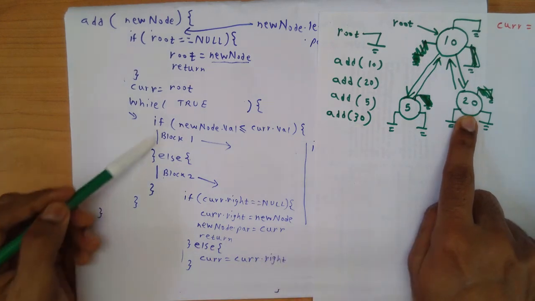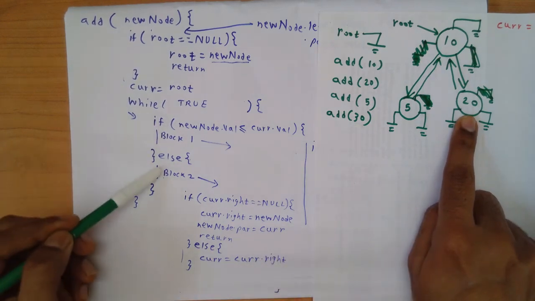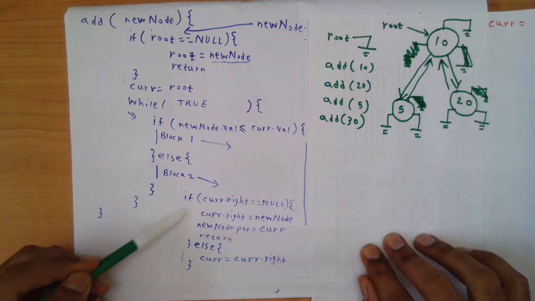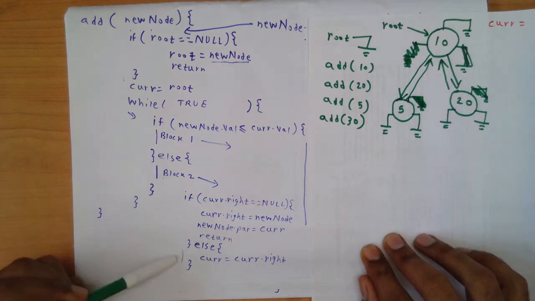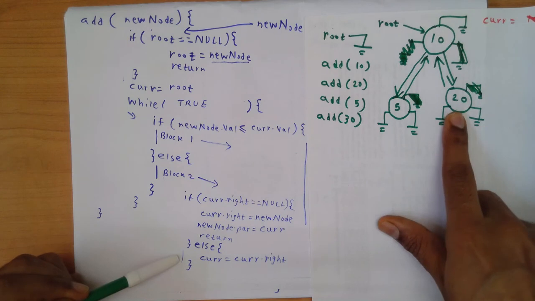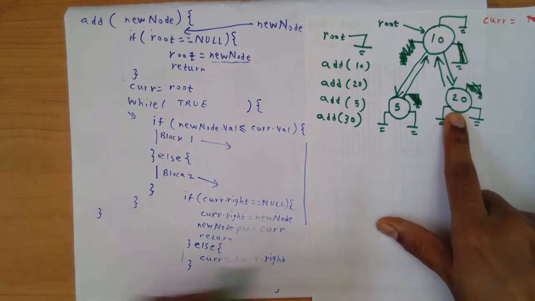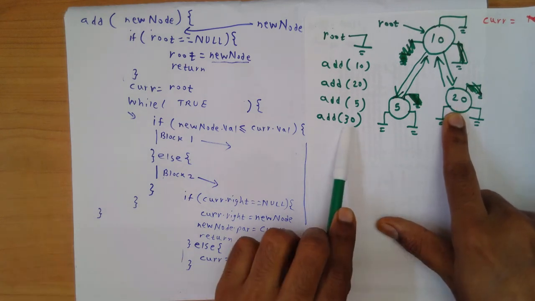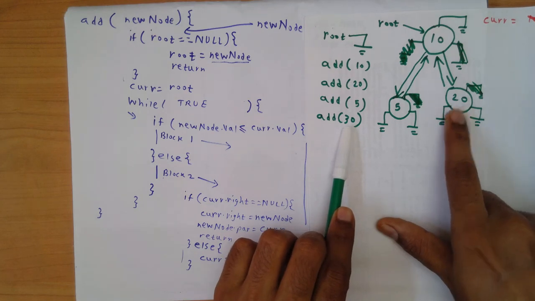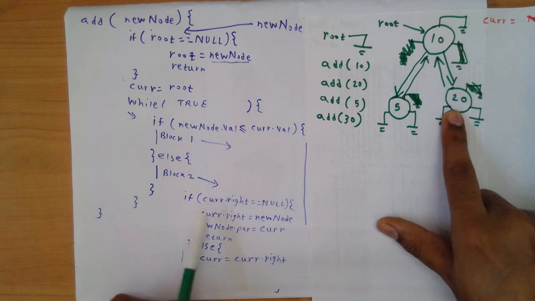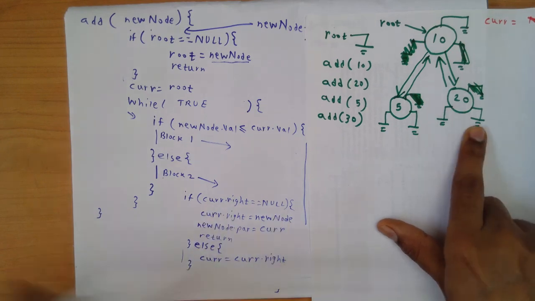So again, this if will be skipped, and I'll go inside the else, block 2, and in block 2 I'm going to ask the question, the current node that I have is 20, I know that the new value that I'm trying to insert is greater, so I want to check the possibility if I can add the new node as a child of the current node. So that's why I ask the question, is my current dot right null? It is null. Okay, that's good news for us.